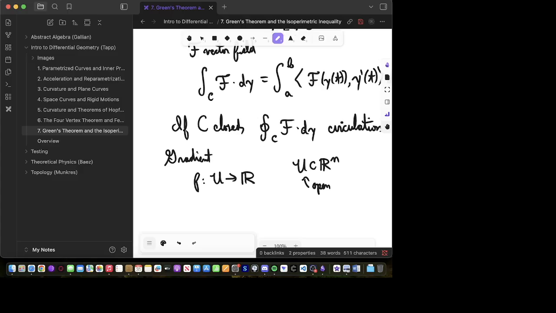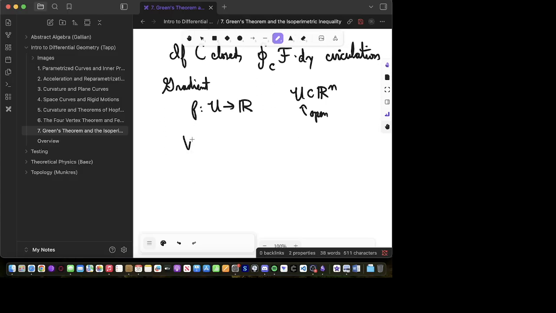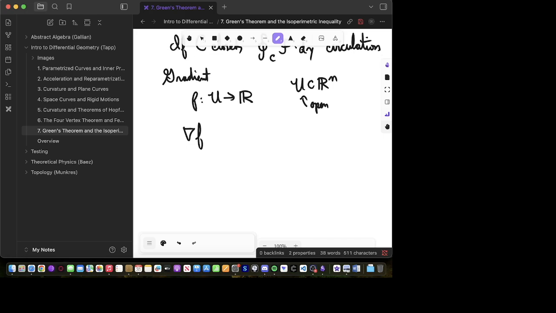The gradient is denoted by nabla f, and it's a vector field, and its ith component function is the partial derivative of f with respect to the ith input variable.